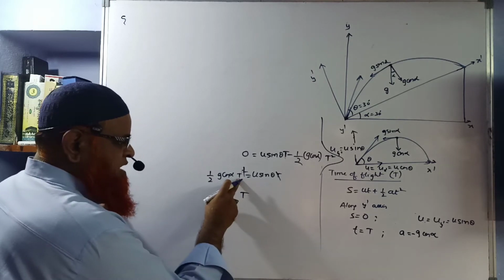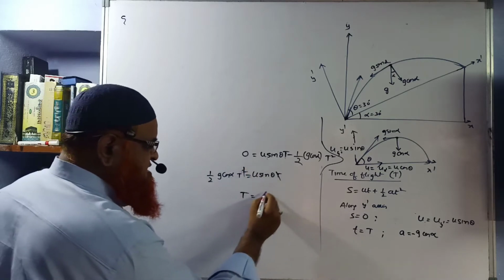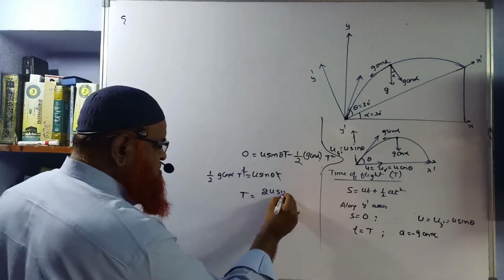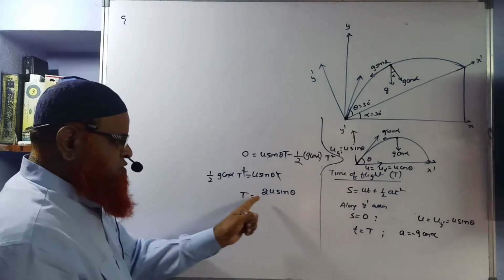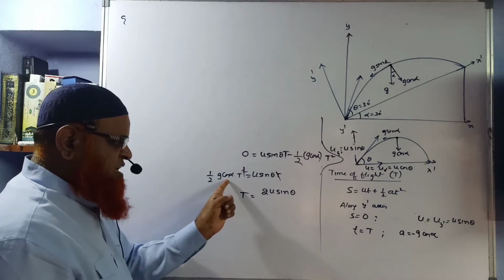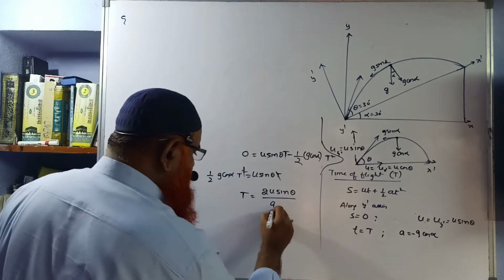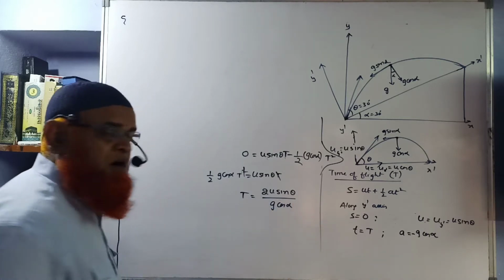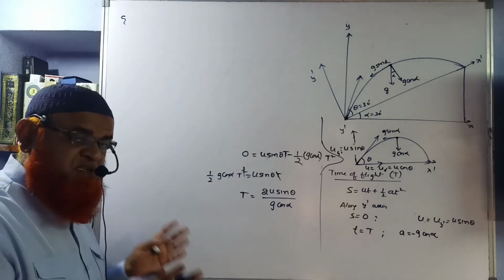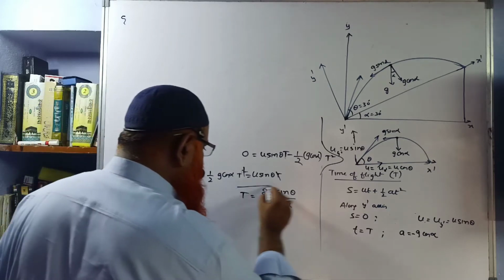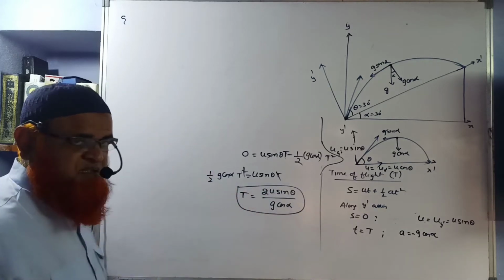So t, you will keep it like that only. This 2 goes to the right side. This will become 2u sine theta, and this g cos alpha comes to the denominator. So you are going to write this as 2u sine theta by g cos alpha. So finally we got a formula for time of flight.